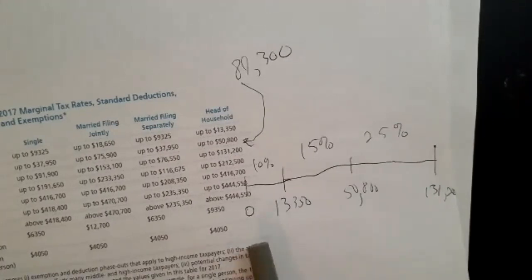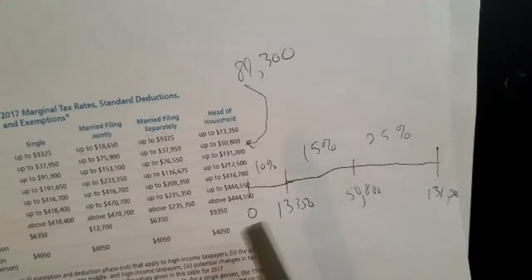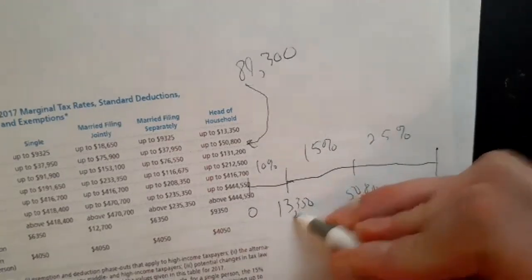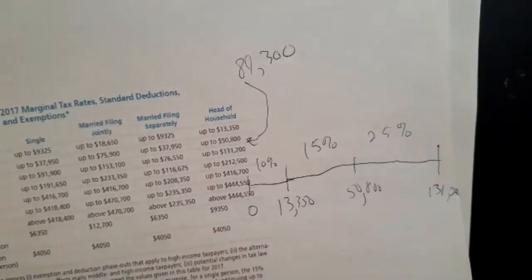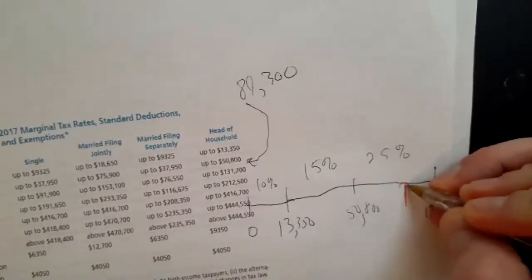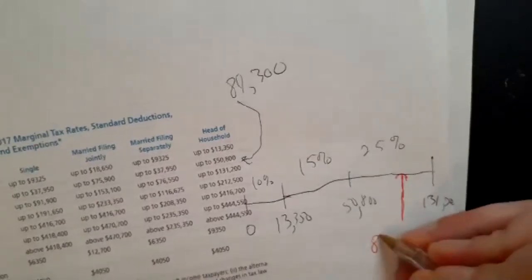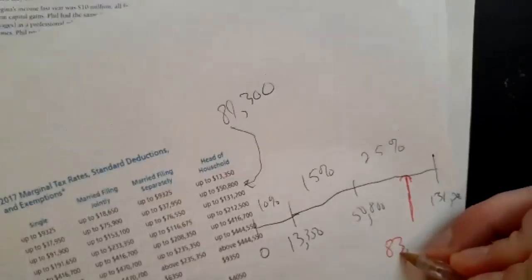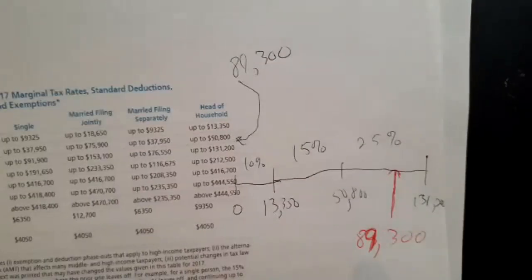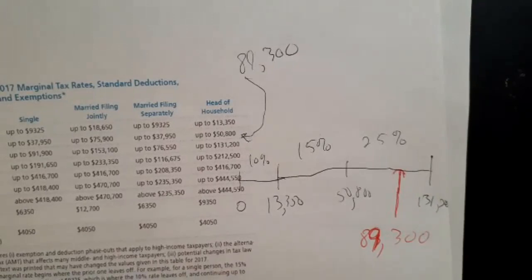We're starting at 0. Everywhere that he makes 0 to 13,350, that's going to get charged at a 10% rate. Everything in here is going to get charged at 15%, right? And so I'm putting that number 89,300 in there. And if we're doing 89,300, it's actually falling into that 25% tax bracket.